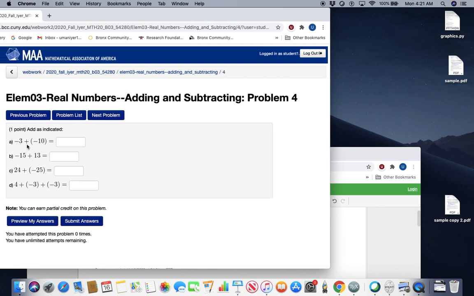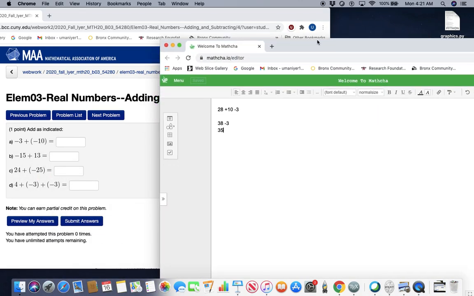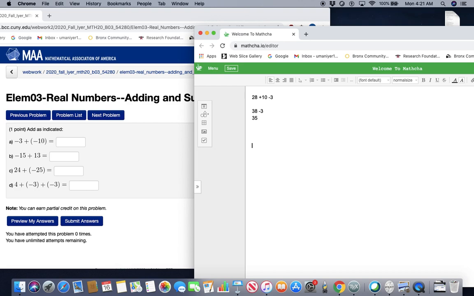Negative 3 plus negative 10, sorry. So here you might want to be completely careful. That is equal to negative 3 minus 10, because you see plus followed by minus is a minus.